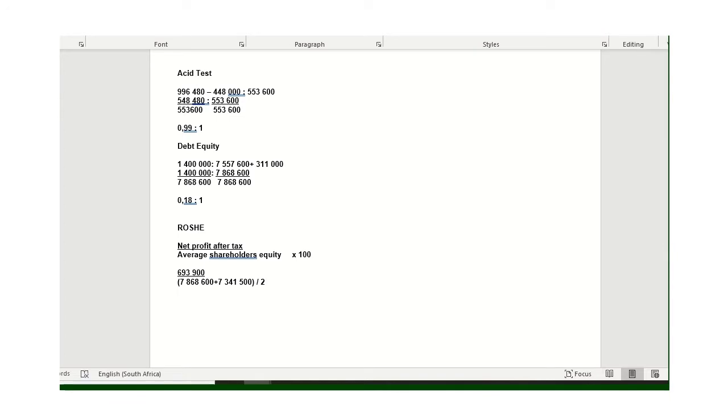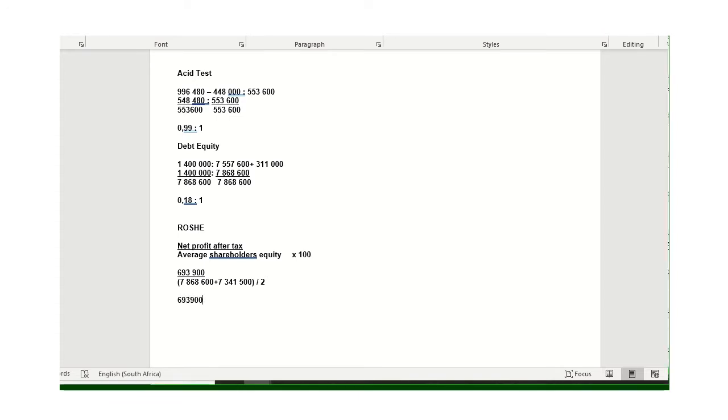So whatever I get as a total there, I'm going to divide by 2. So if I add 7,868,600 plus 7,341,500, get an answer and divide that by 2, that should then give me 7,605,050.